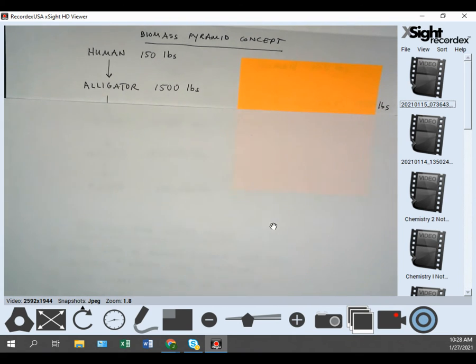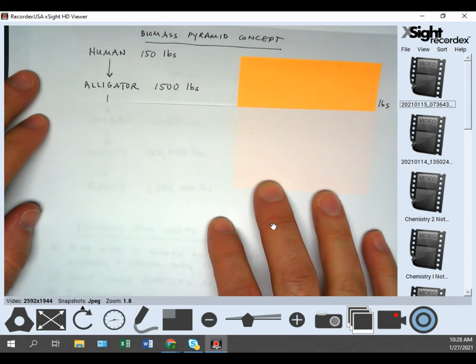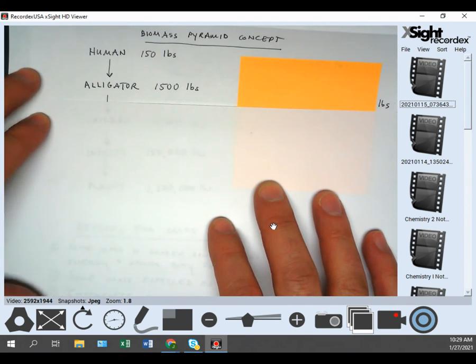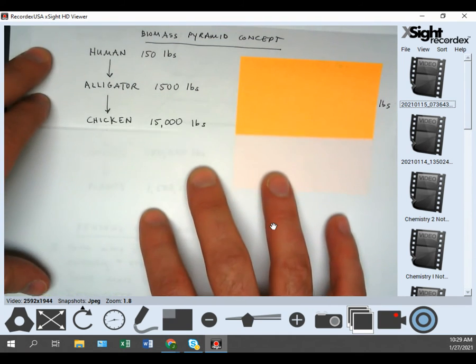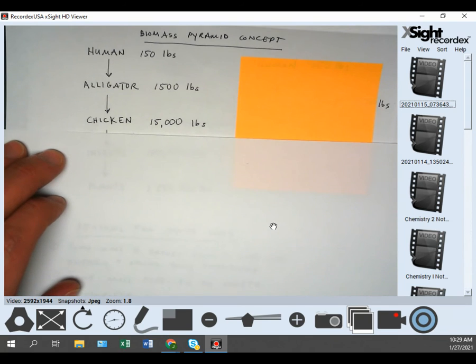Now, say that 1,500 pounds of alligator was fed chicken. How many pounds of chicken would be necessary to create or sustain the 1,500 pounds of alligator? Good, 15,000. We need 15,000 pounds of chicken.